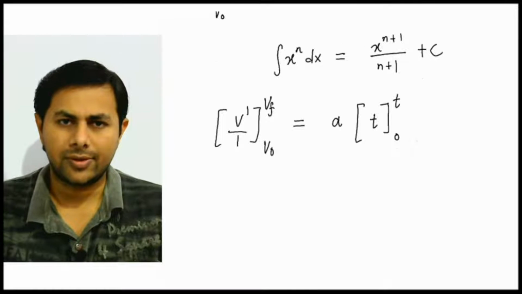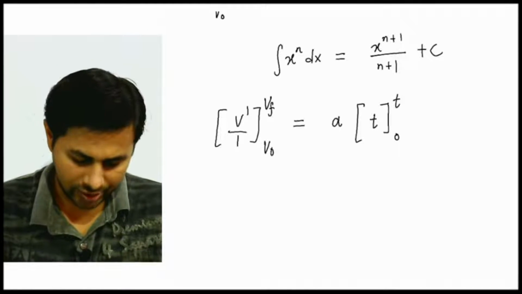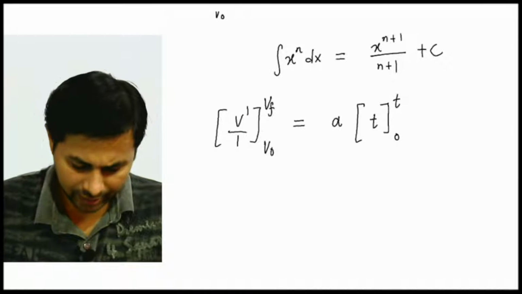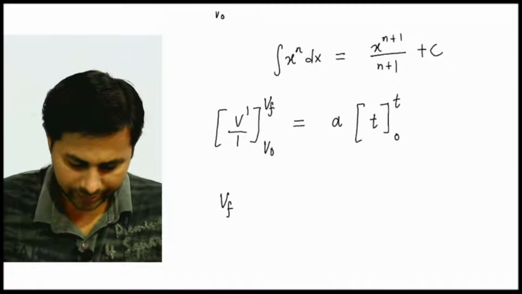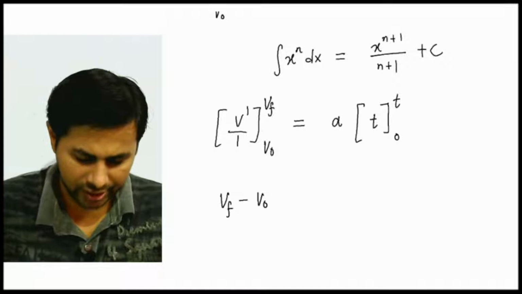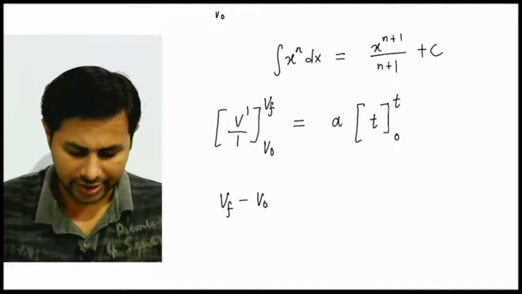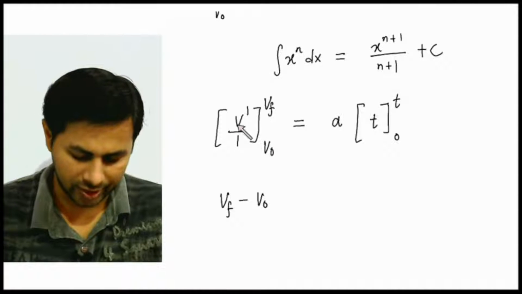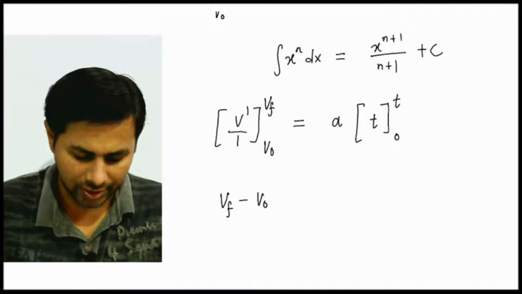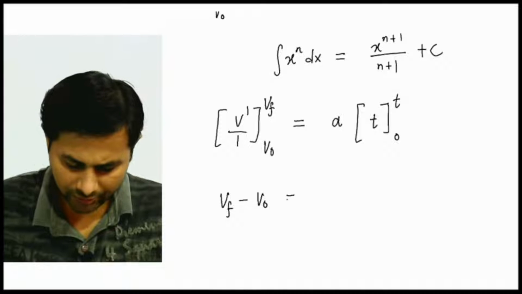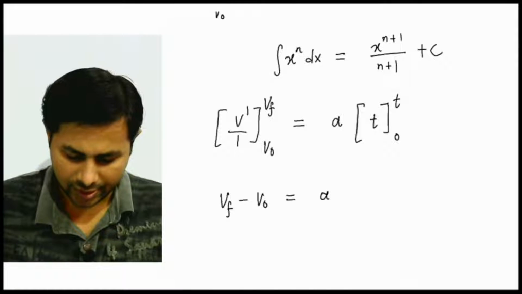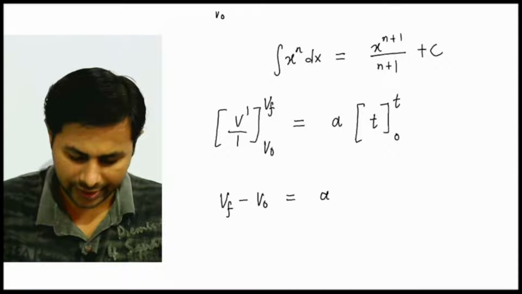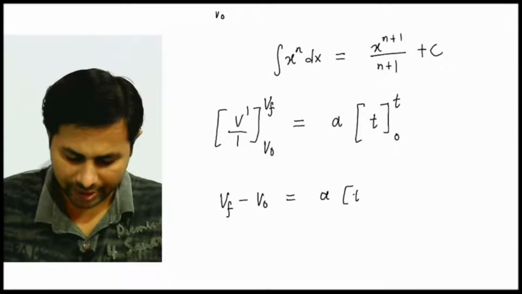Now I can substitute the limits. So substituting the limits, I get vf minus v naught, because this is just v. So we will substitute this upper limit vf and lower limit v naught in place of this v. So we get vf minus v naught equals to a times the upper limit is t and lower limit is 0. So a times t minus 0.